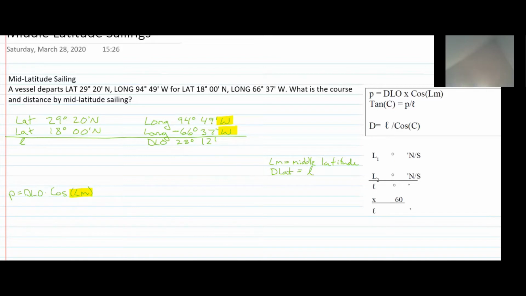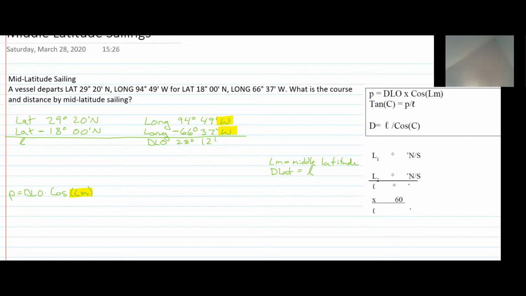So just like for D low, will we be adding or subtracting the two latitudes? We will be subtracting them, for the same reasoning as why we subtracted the two longitudes.